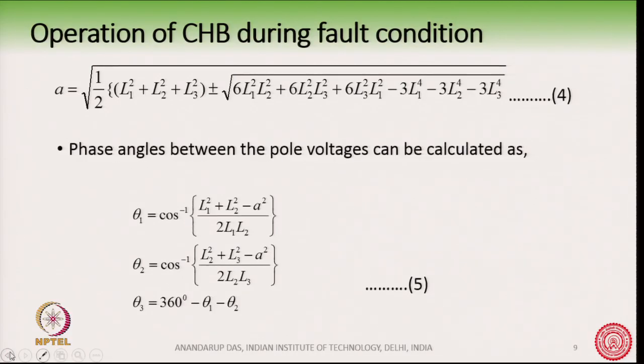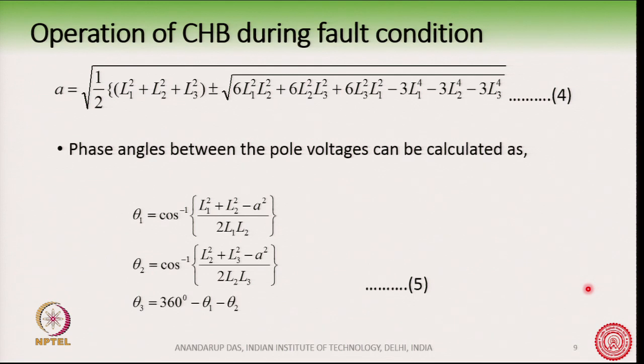We have got an expression of A here. What is the maximum value of A that we can get? What is the maximum line voltage that is possible to obtain from an unbalanced converter? That can be seen by differentiating this expression.